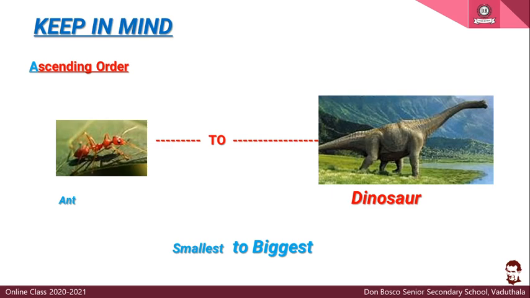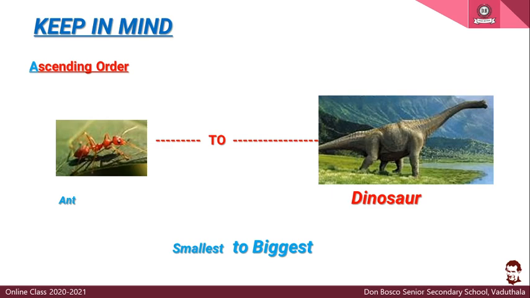Did you hear about the dinosaur? Dinosaur is very big. So ascending order means from the smallest ant to the biggest dinosaur. That is a trick. So ascending order starts with the smallest number.